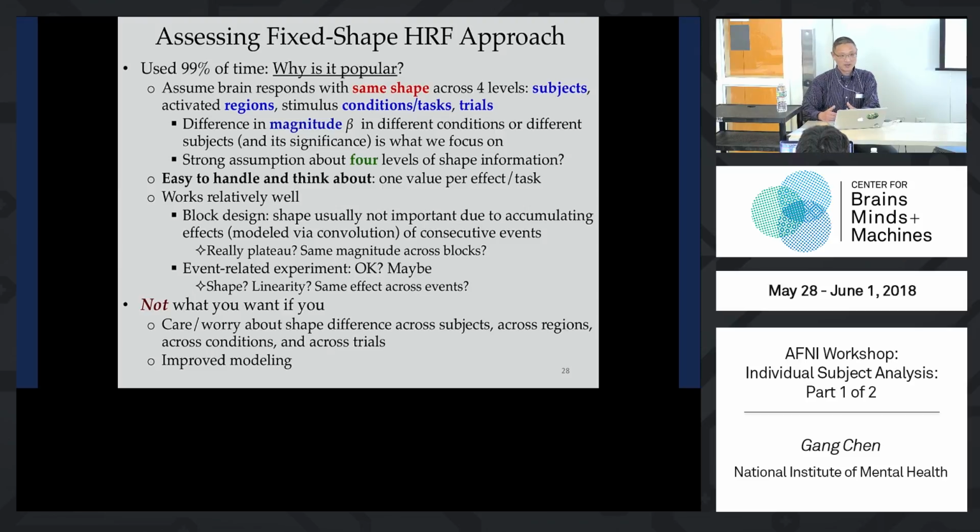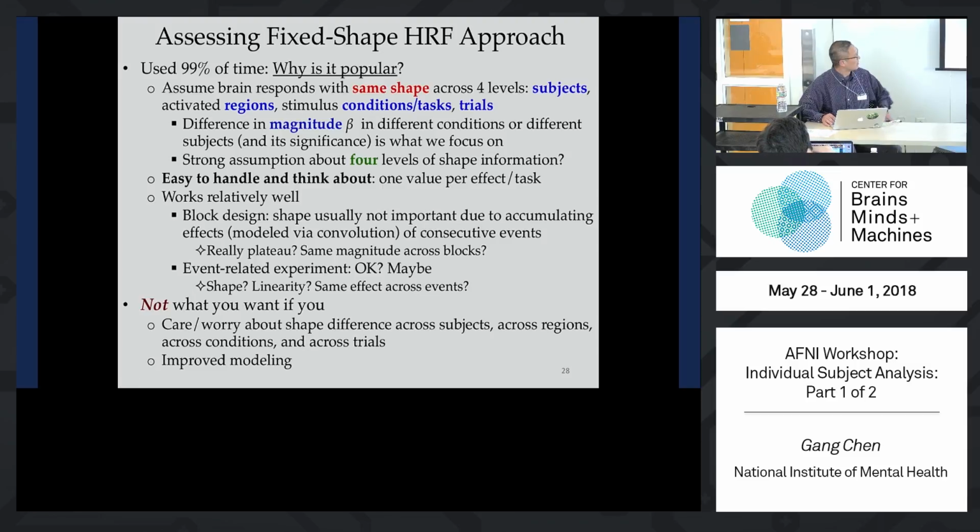It's the same for different subjects, or even males or females, patients or controls. It's the same curve shape, right? Different brain regions, it's the same curve. Different tasks, it's the same curve. Different trials, it's the same curve. So that assumption is very strong. Is there any way we can relax it? Yes, there is. That's the approach we're going to talk about later on.